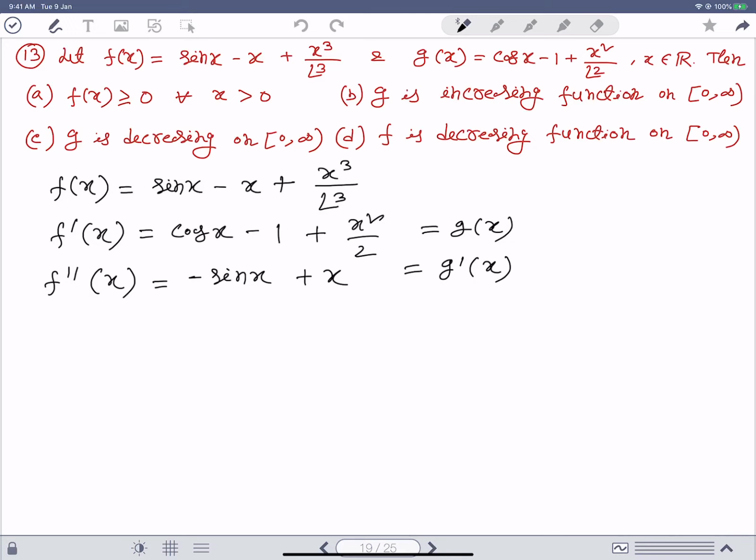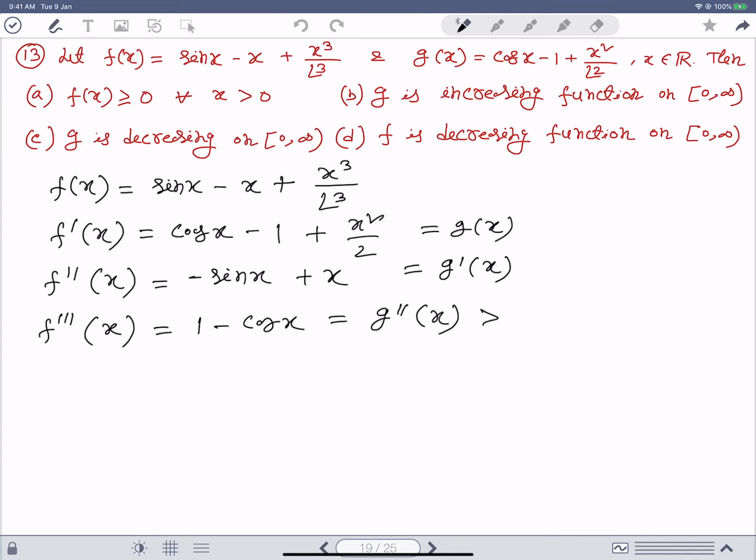Now even if you do not know that x bigger equal to sin x, still you can take the derivative 3 times. Now that will be 1 minus cos x, which will be g double dash x, and we know that the value of cos x always lies between 1 and minus 1, right.